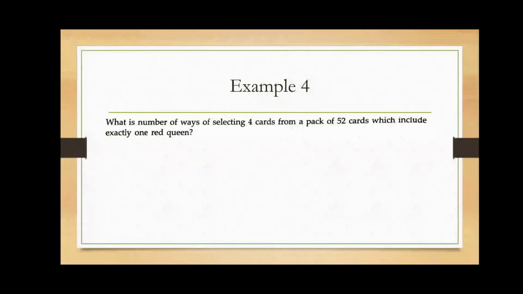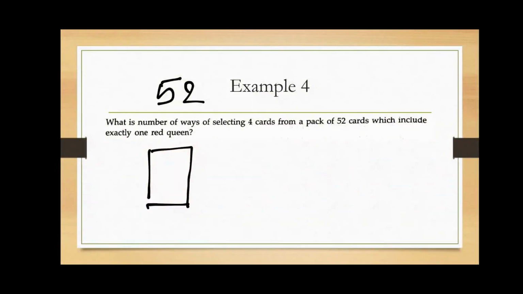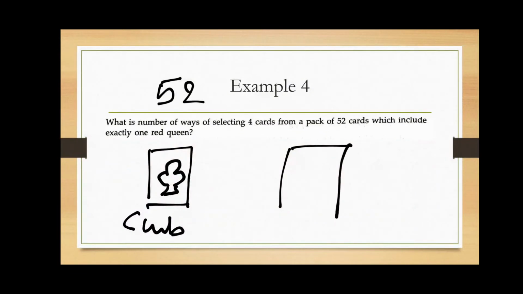Card questions, I don't know if you have done it in your junior classes, if you remember. In a deck of cards, there will be 52 cards, and there will be 4 different types. One is called club. Then the next one we have is, please don't mind my drawing, this is called spade.